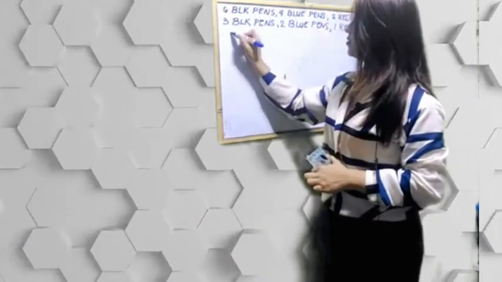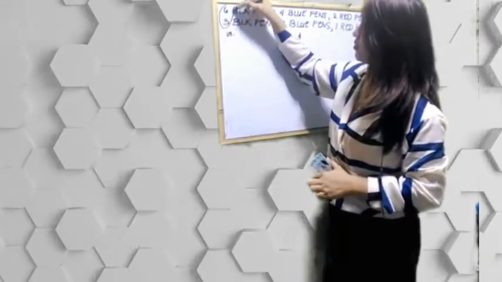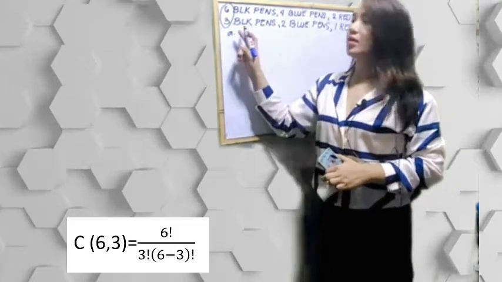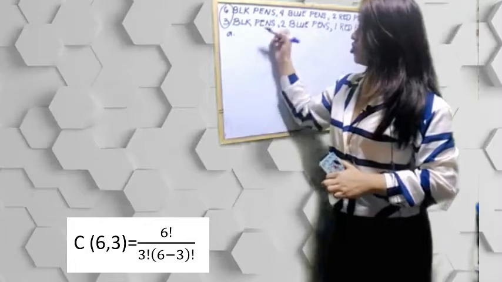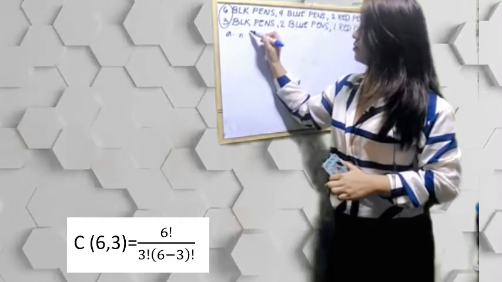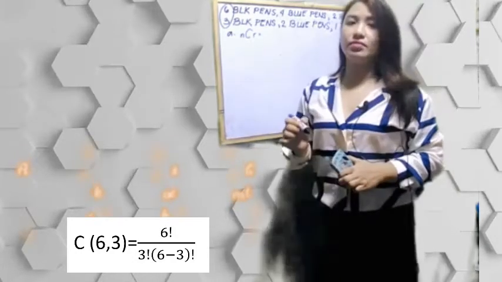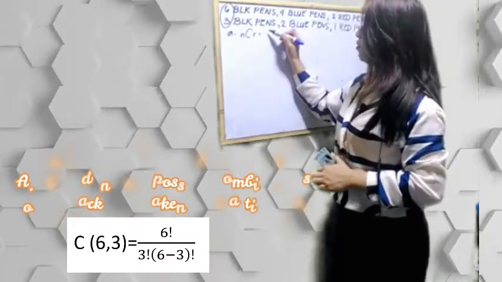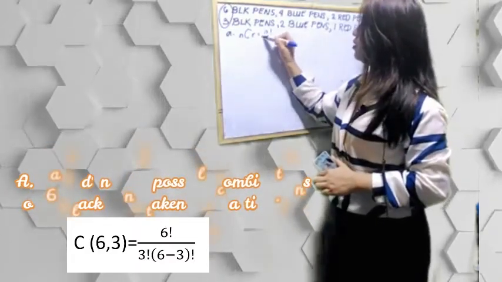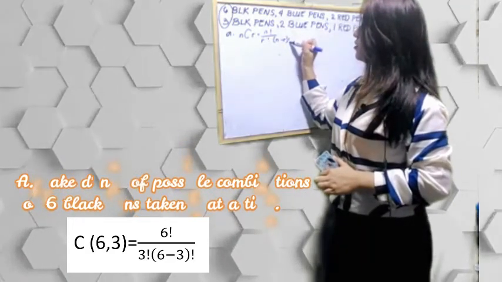So let's start with our first solution. Solution letter A, we will be taking the number of possible combinations for 3 out of 6 black pens. Our formula for combination is n, combination of n objects taking r at a time. If you know where your n and your r are, then you will be able to substitute the values, which is equal to n factorial over r factorial times n minus r factorial.